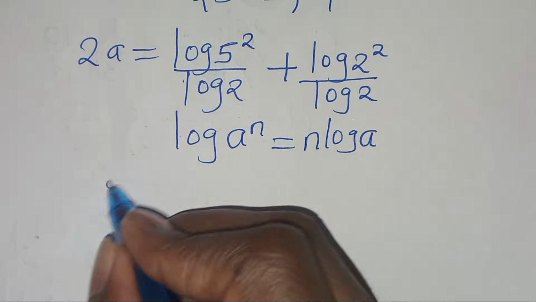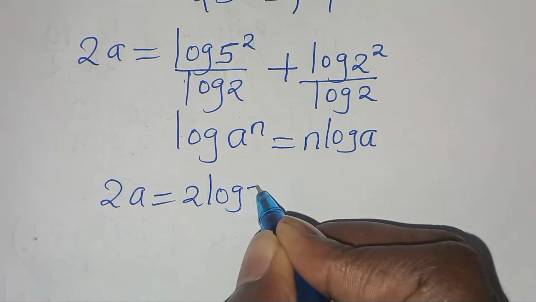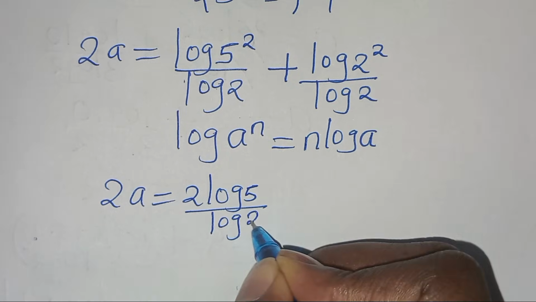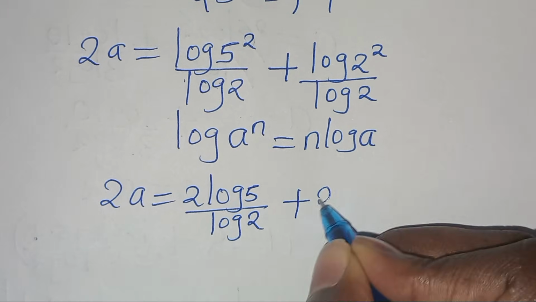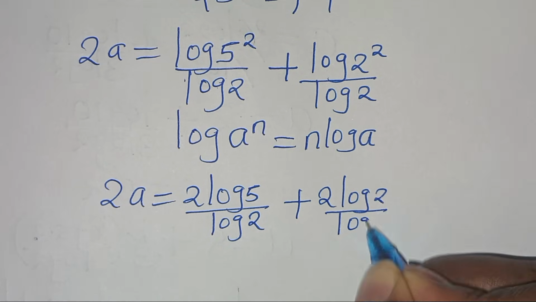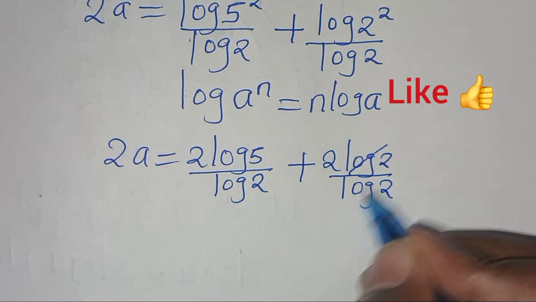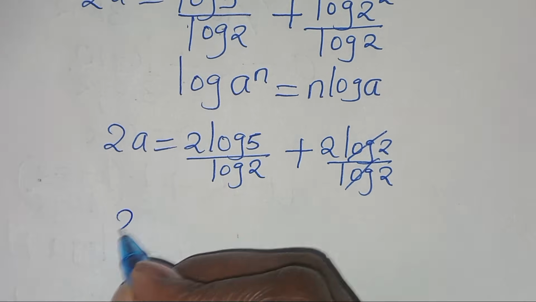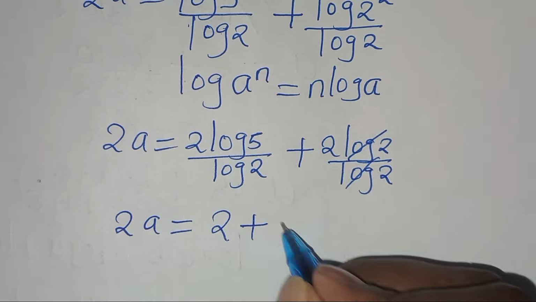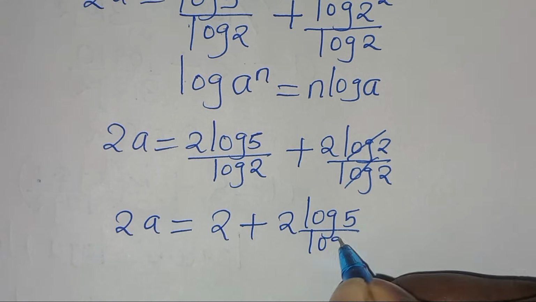So here we have 2a is equal to 2 log 5 divided by log 2, then plus 2 log 2 divided by log 2. Now we simplify log 2 and log 2, so that we have 2a is equal to 2 plus 2 log 5 divided by log 2.